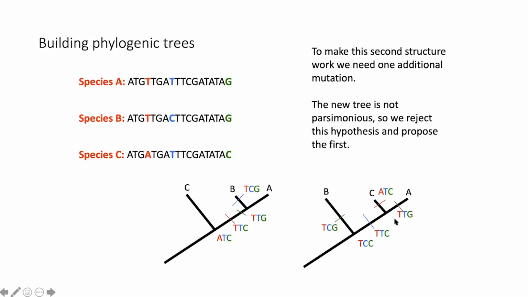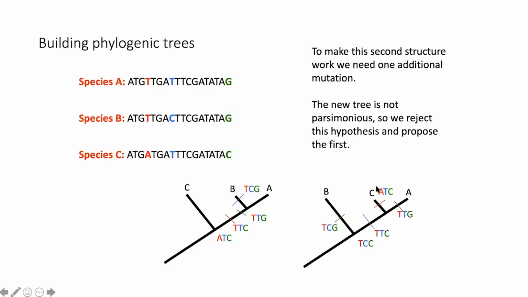Well, on this phylogeny here, in order to explain this additional information, if this is the common ancestor TCC, then you have to add in a G along this branch out to B, and then you have to add in a separate G on this branch out to A, because this C has the old state, so it doesn't have a change at this position.